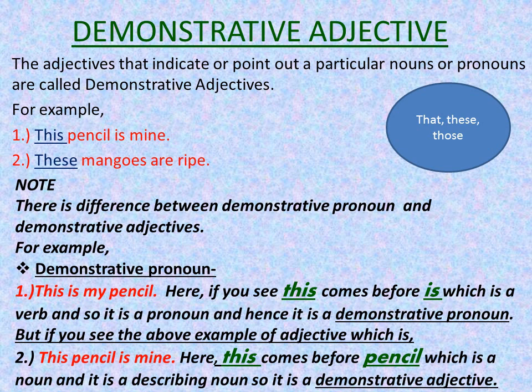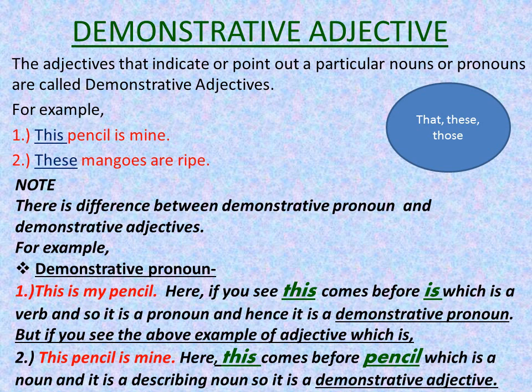Now we have also learned about demonstrative pronoun. There also we use words like this, these, that, those. But there is a difference between demonstrative pronoun and demonstrative adjectives. What is the difference? Let's see. Take the example of demonstrative pronoun. This is my pencil.